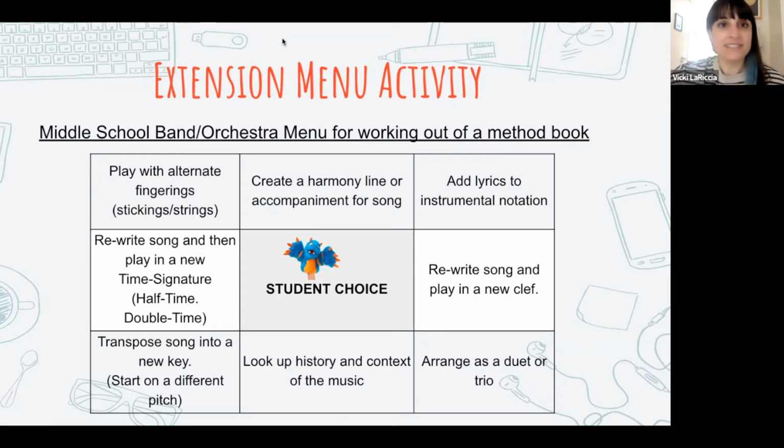All right, I know that wasn't a long time. For those that are working on extension menus, how much more time do you think you need? Or are you comfortable sharing what you've done so far?